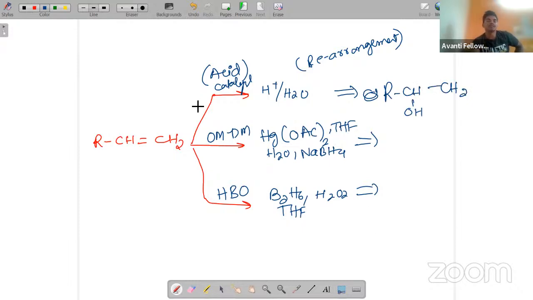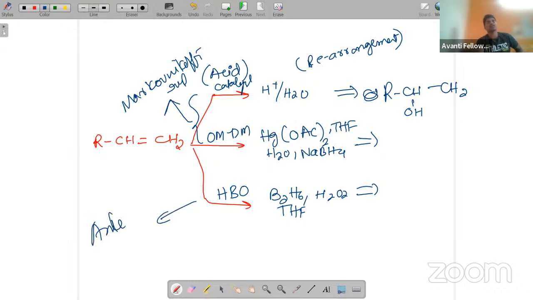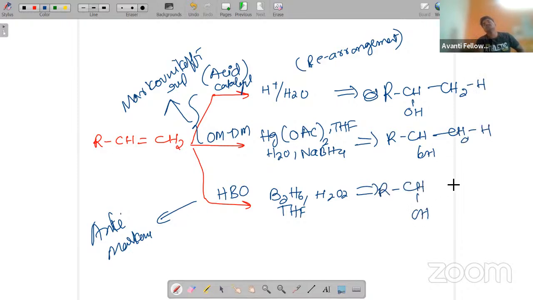Both of these will undergo Markovnikov's rule, and this one will undergo anti-Markovnikov rule. So the product will be RCH, OH, CH2, and this is H, CH2, H. Next one, RCH, OH and CH2, H.